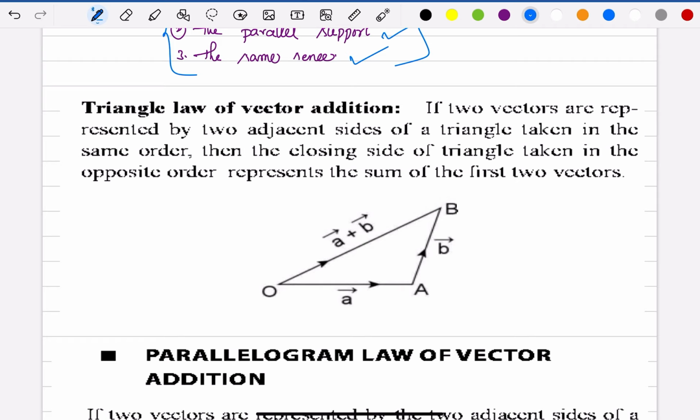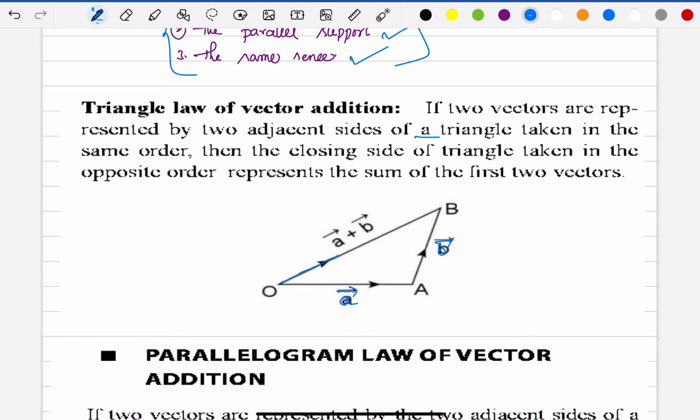Triangle law of vector addition. If two vectors are represented by two adjacent sides, this is A vector, this is B vector, the closing side of the triangle, the side opposite to the two adjacent sides, is represented as the sum of the first two vectors.